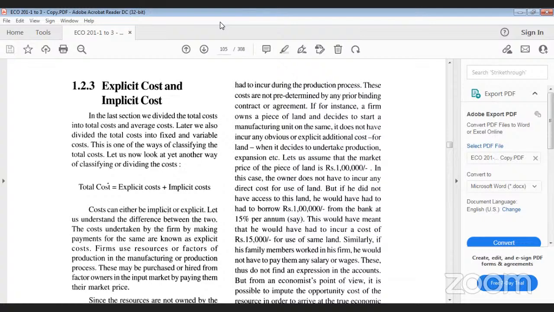In this case, the owner does not have to incur any direct cost for use of land.